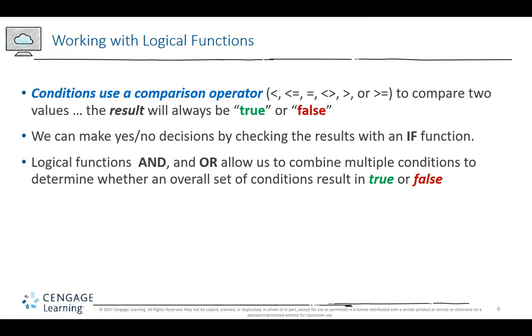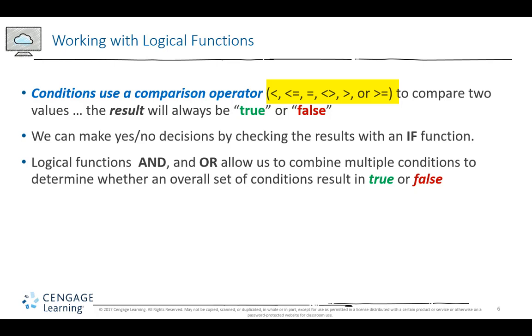Working with logical functions. We use the term conditions when we want to test values in a comparison way, using the relational operators less than, less than or equal to, equal to, not equal to, greater than, or greater than or equal to.